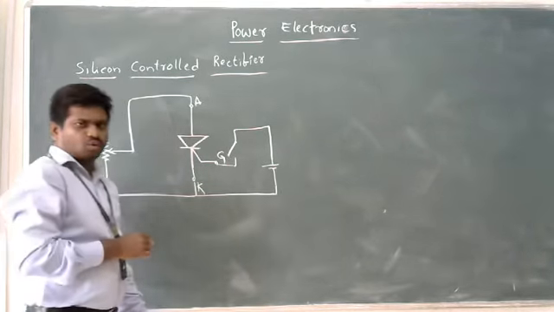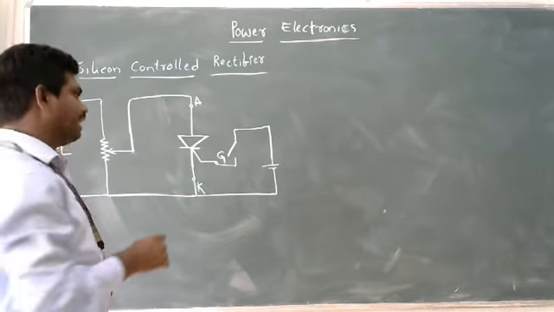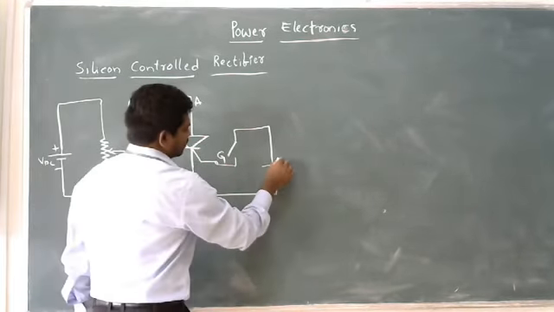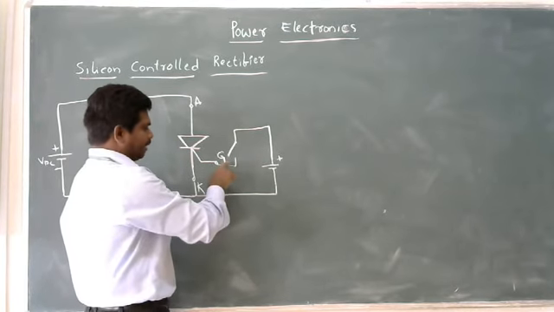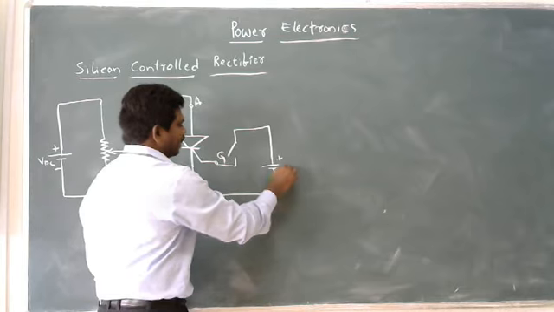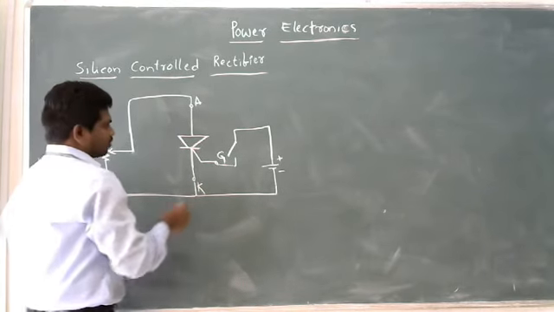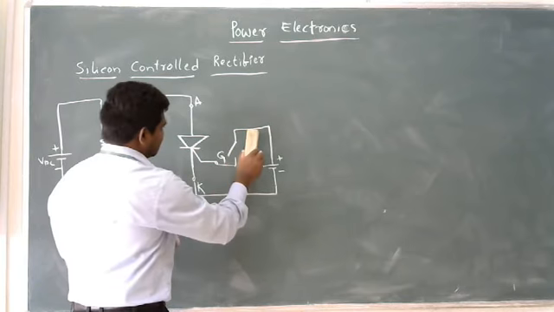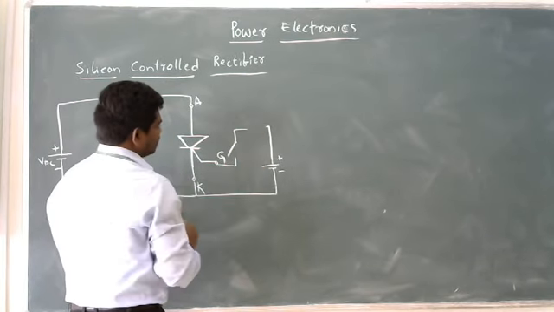This is another source, another DC value that we are applying across the gate and cathode terminals, where the positive of the battery is connected to the gate terminal and the negative of the battery is connected to the cathode. Look at this, and we can insert some resistance also here.